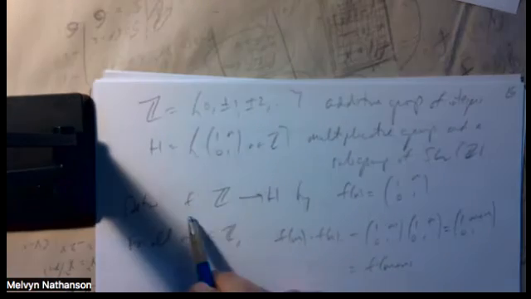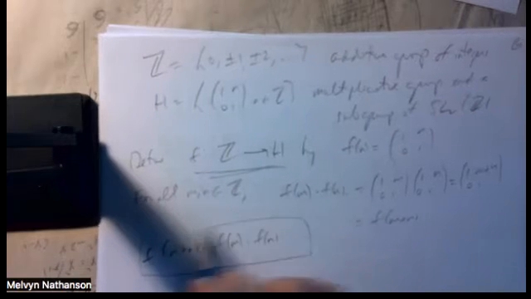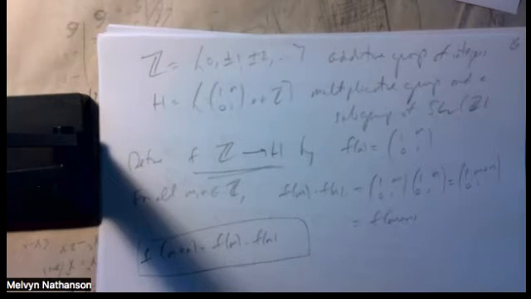That's equal to f of m plus n. So this function from this group to this group has the property that f of m plus n is f of m times f of n. So if I take two elements of the integers, I can add them in Z and then apply the function f, or I can apply the function f first and get two matrices and multiply them in H. But I have this sort of functional equation.